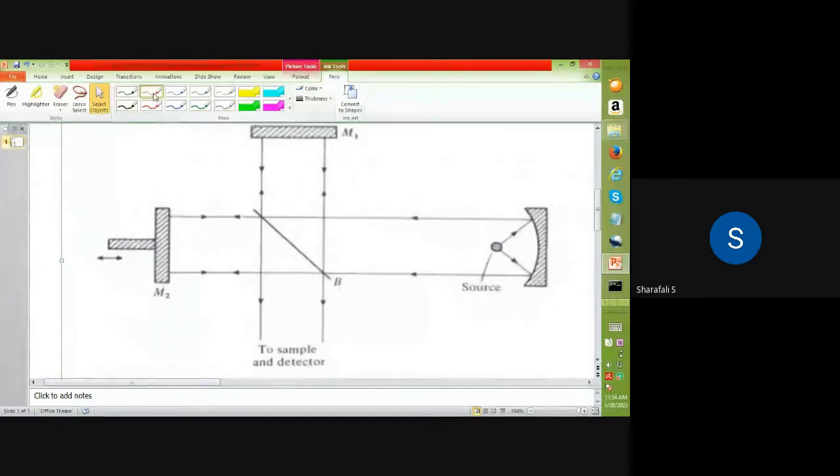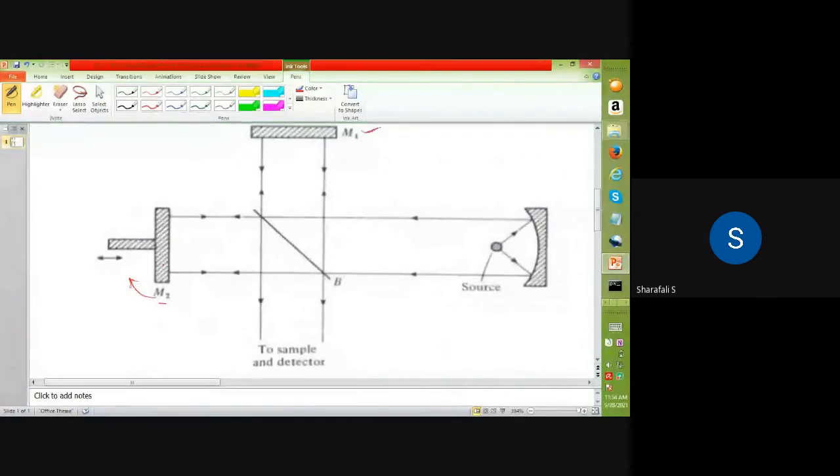You can see from here there are two mirrors, M1 and M2. This M2 mirror is movable or adjustable, and this M1 mirror is fixed.